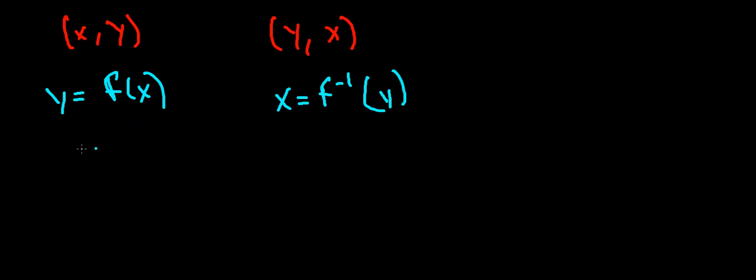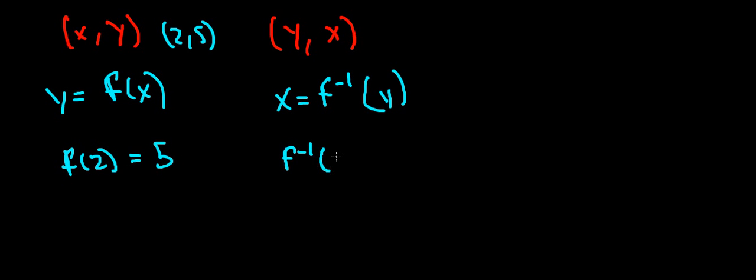If I put in, let's say I put in f of 2, and suppose that my y corresponding to 2, so suppose I had a point 2, 5. If I put in, for my function, the value of 2, my y is going to be equal to 5. If I put in, for the inverse function, 5, I'm going to get 2.